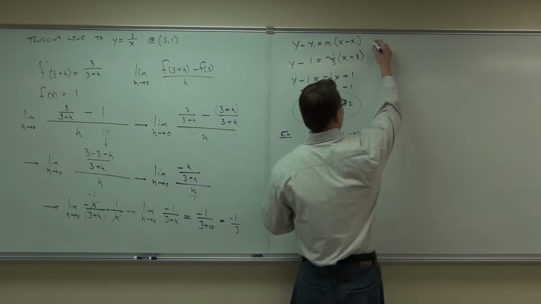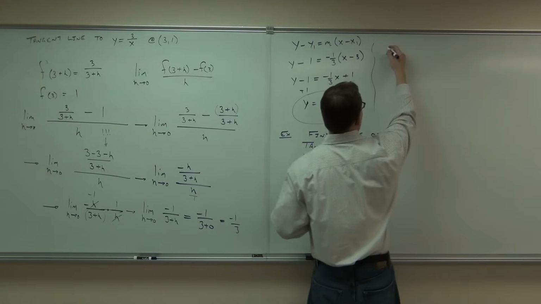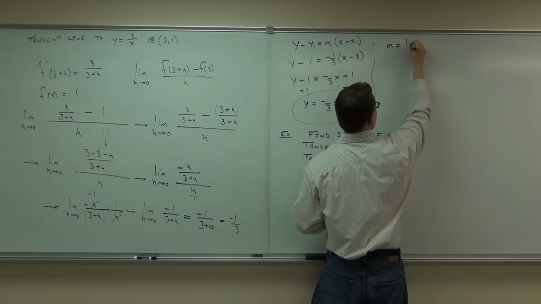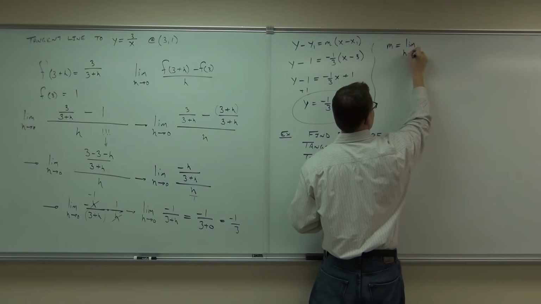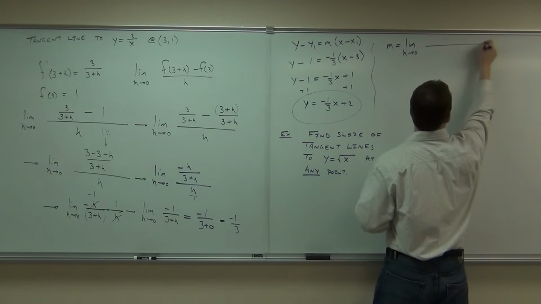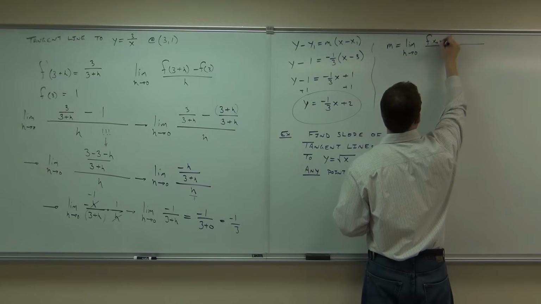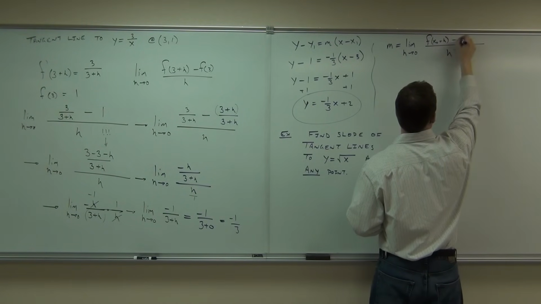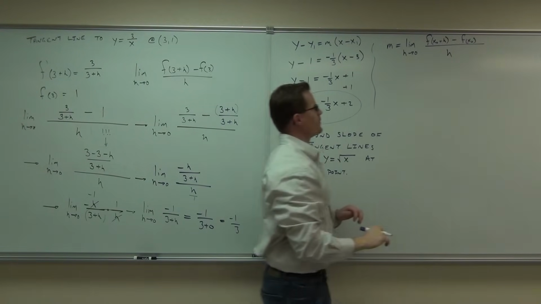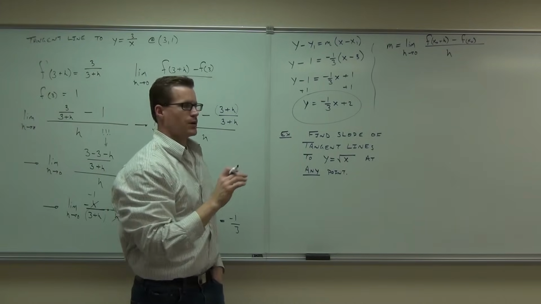You know that ultimately what we want to do is fill out this equation. We know that slope equals the limit as h goes to 0 of f of x0 plus h minus f of x0, all over h.